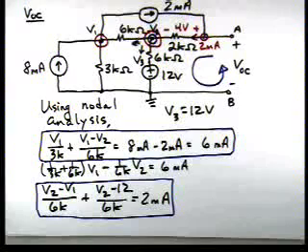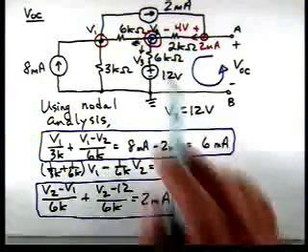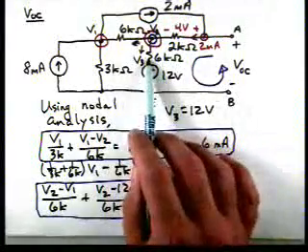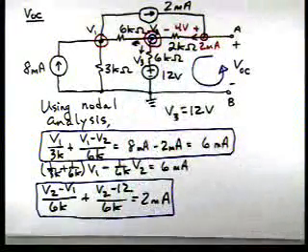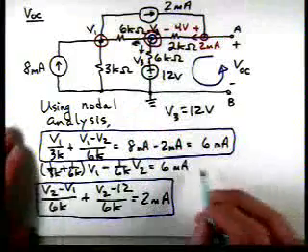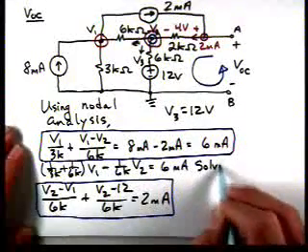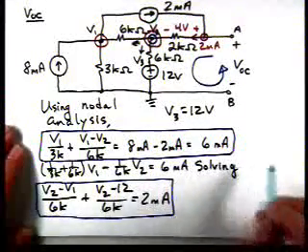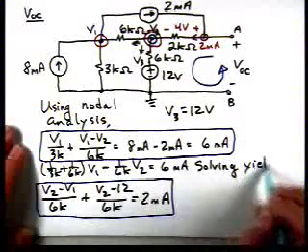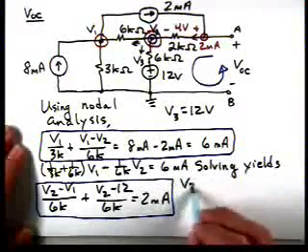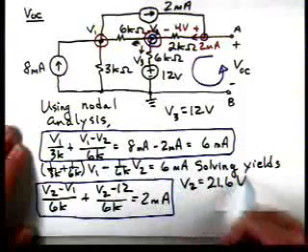Doesn't make any difference. You could do it either way. Here we picked nodal. We wanted to find the voltage V2. If we did mesh, we'd have one unknown. Then you'd have that mesh current times 6K plus 12. Solving yields V2 equal to 21.6 volts.